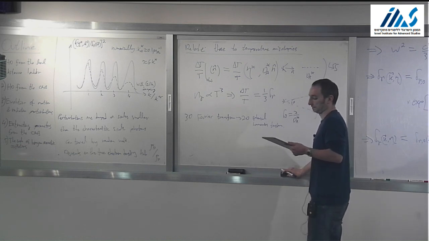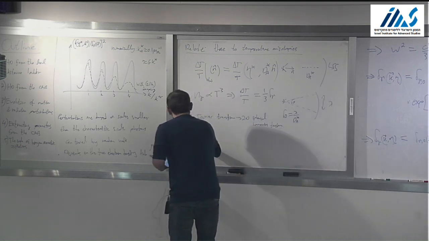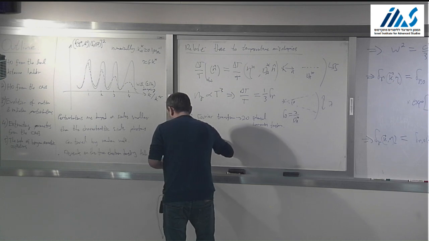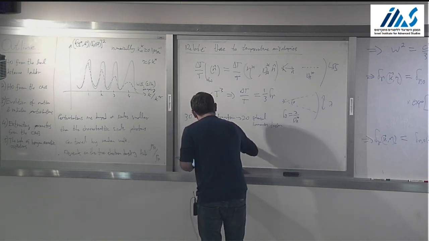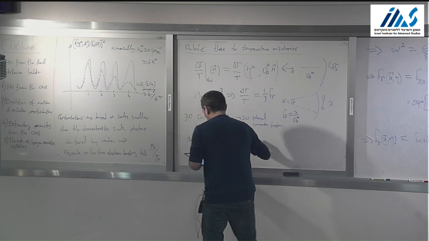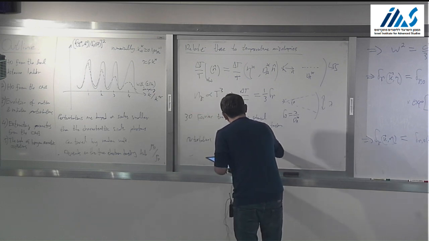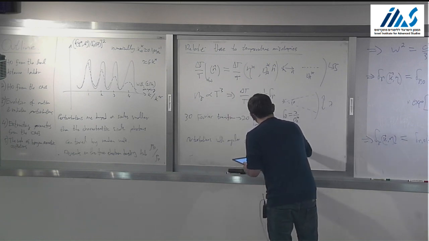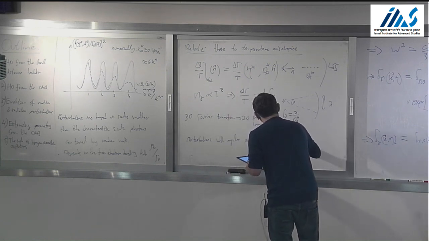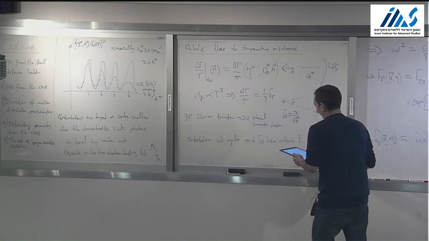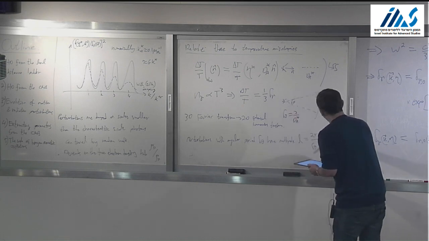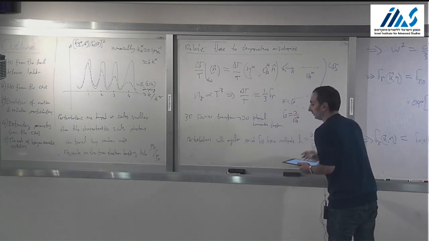Right? Perturbations with angular period delta theta have a multipole L given by 2 pi over delta theta, which is also equal to k times d_A star.